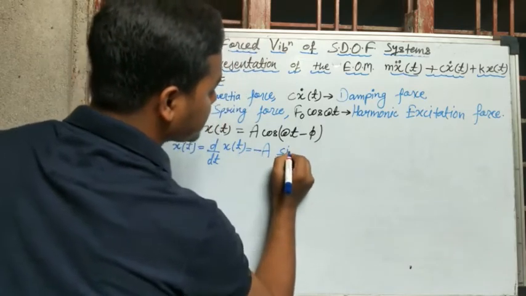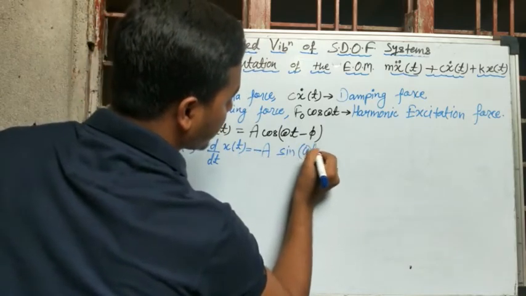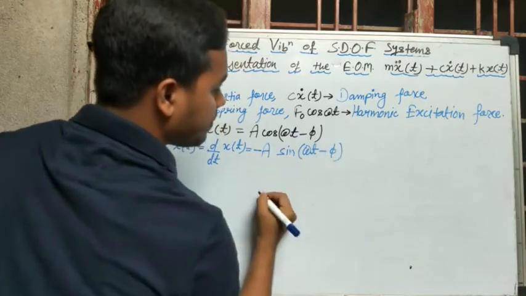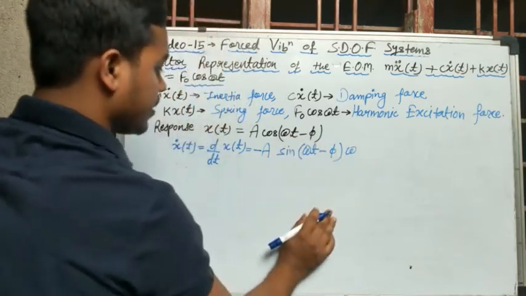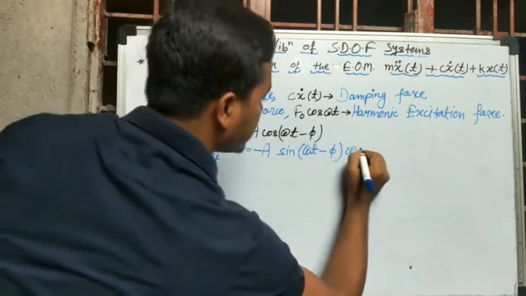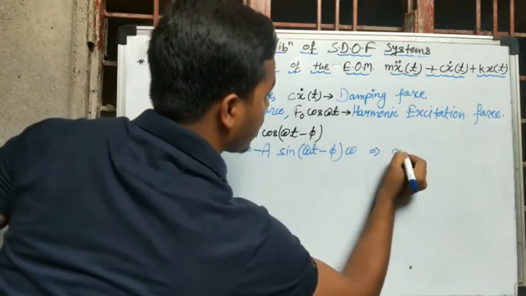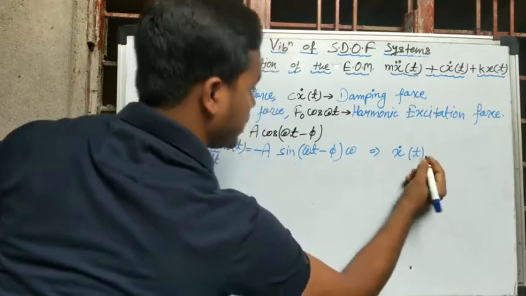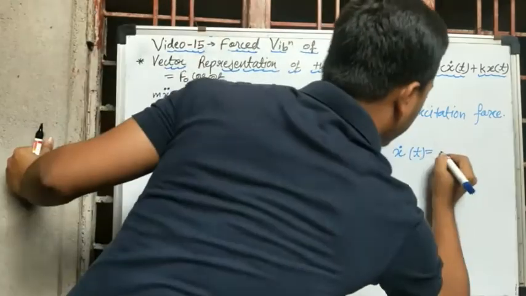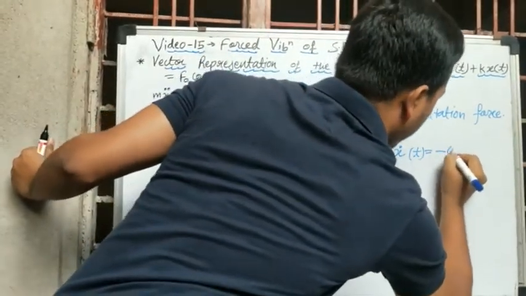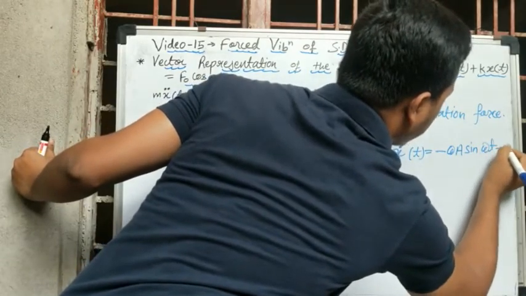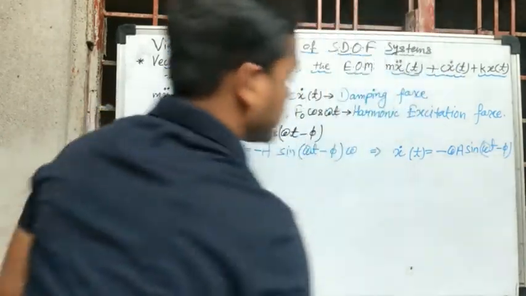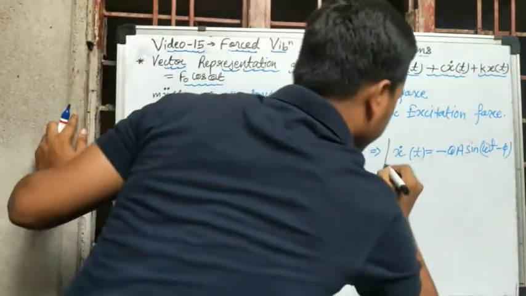So minus A sine(omega t minus phi) into d by dt of (omega t minus phi), which is omega only. So x dot(t) equals minus omega A sine(omega t minus phi). This is x dot(t).